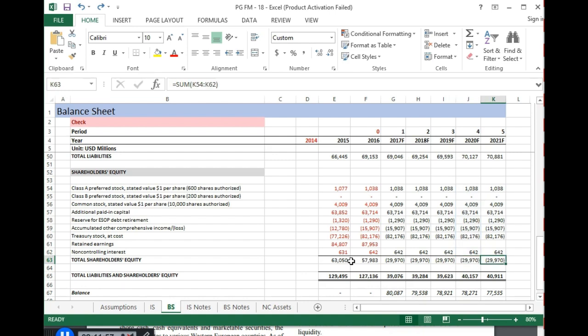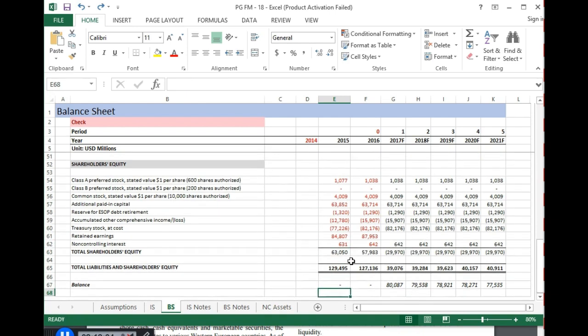So this total is your total shareholders' equity, and when you take total liabilities and shareholders' equity, it will give you these numbers. And then if you check for balance, it will not be balanced. Why? Because cash is not there. Certain items are not there. But once you have put in all those items, then it should balance.